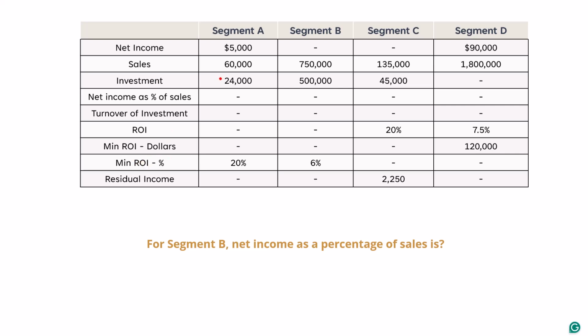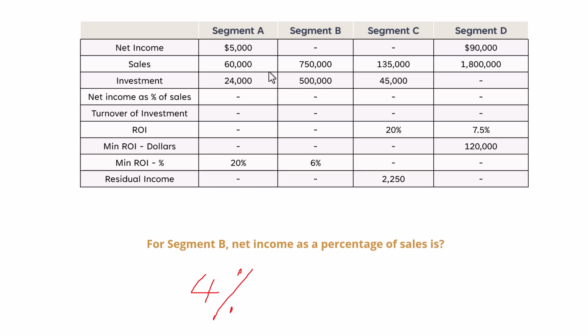ROI is calculated as earnings divided by investment, so earnings divided by investment equals 6%. You can calculate that earnings are $30,000. Then we divide this by sales, which is 750, and that gives you 4%. So the correct answer is 4%.